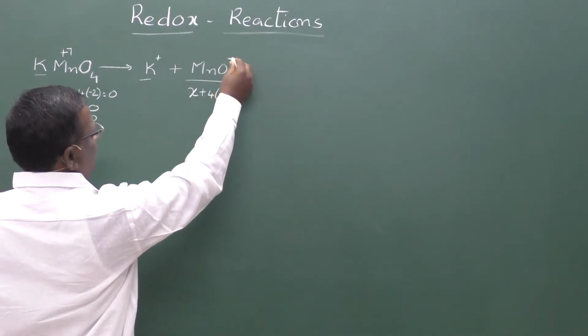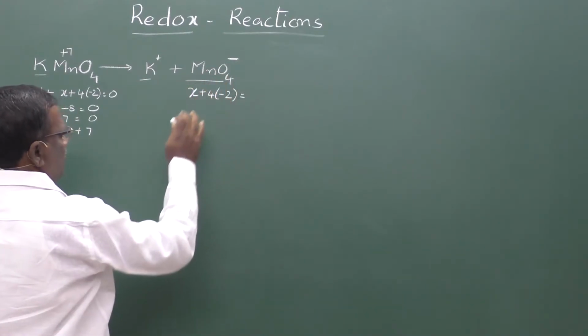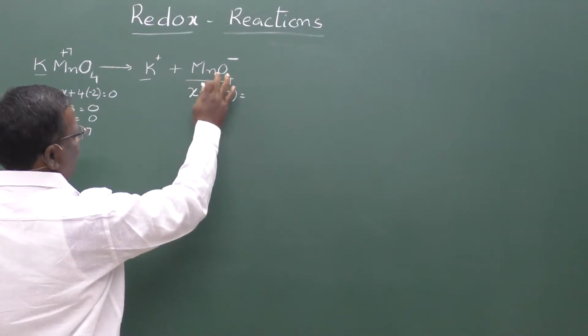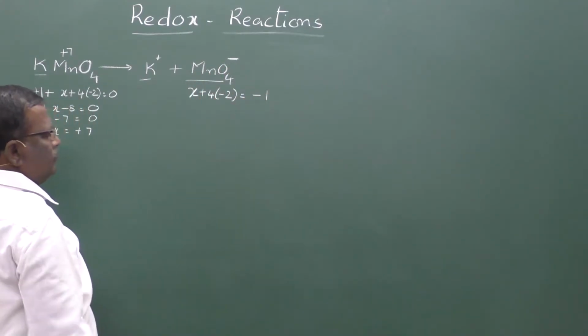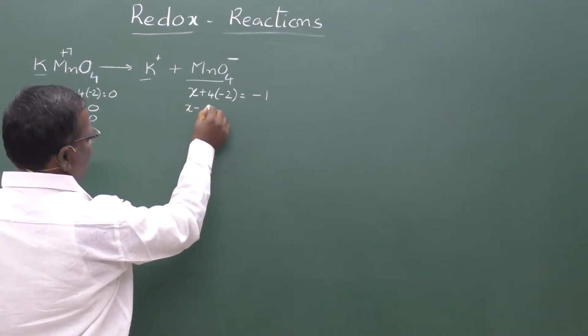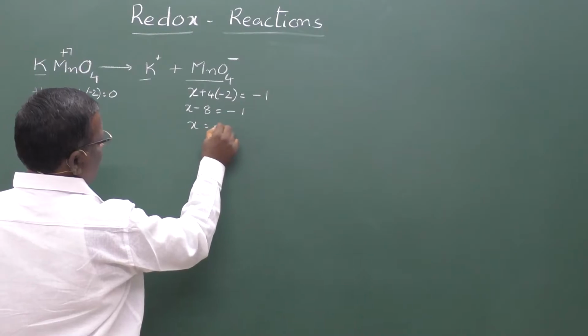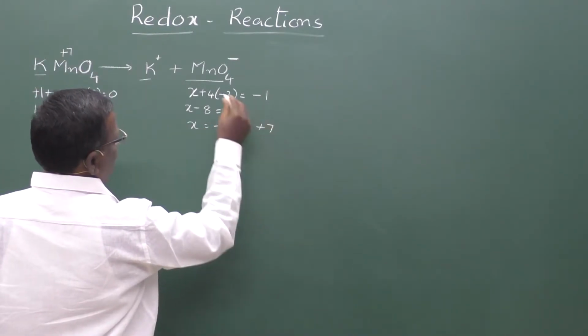Here in this ion we have 1 unit negative charge. So the sum of the oxidation states of all the atoms in this ion is equal to -1. So X - 8 = -1, X = -1 + 8, it will be +7.